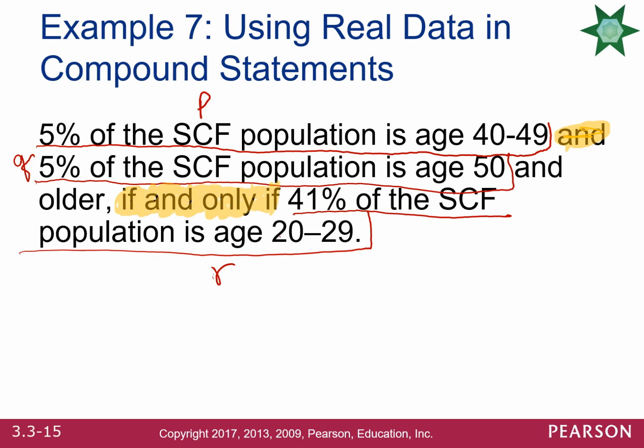Let's go on to the next slide to see how the statement is symbolically constructed. But one other thing I want to say here is that the first one, 5% of the SCF population is age 40 to 49, was a true statement based on the pie chart given to us. 5% of the SCF population is age 50 and older is a false statement.